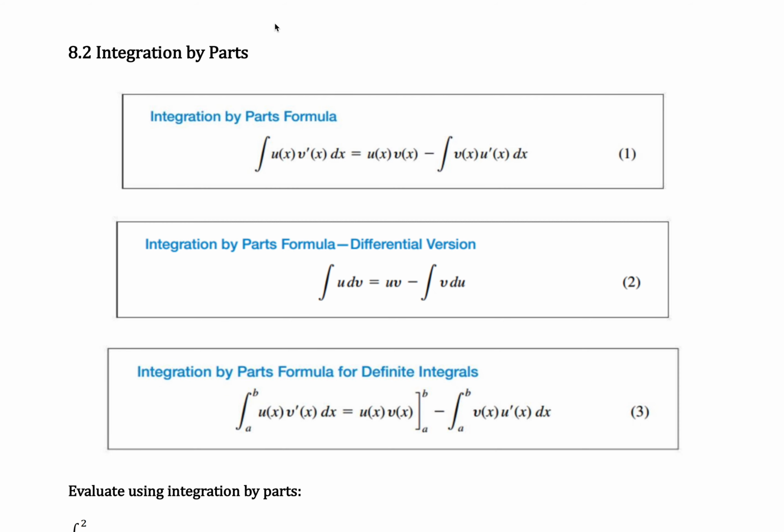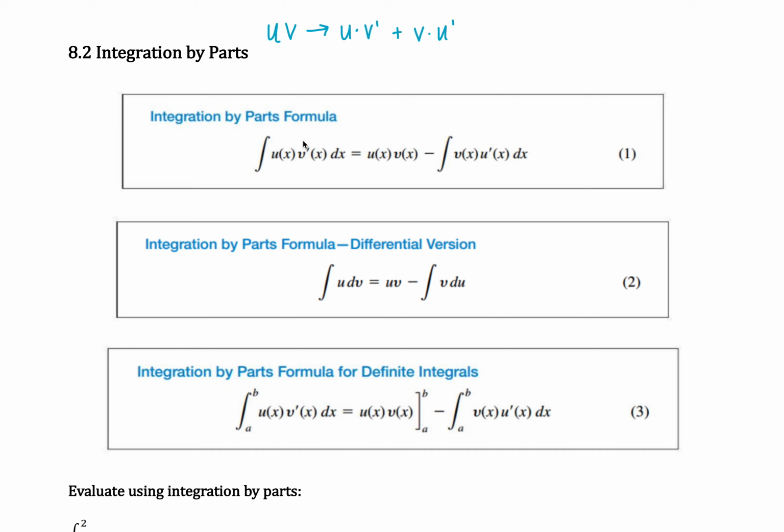It said if you had to take the derivative of uv, the product rule said when you took the derivative here, you'd have u times v prime plus v times u prime. We're going to take that and apply it to integration. And that's where integration by parts comes from.